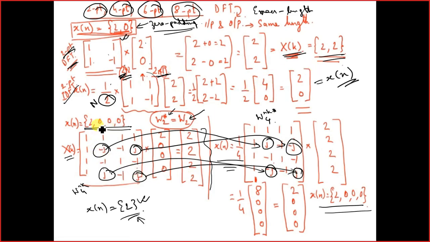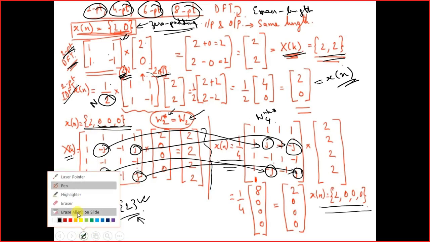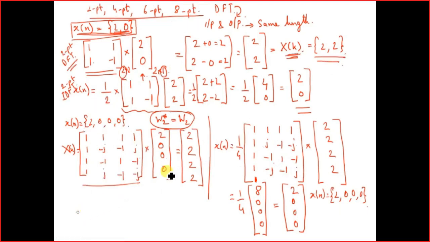Now over here, one of the important things you need to understand is that while converting it to this 4-point DFT, what we have done is basically we have increased the signal length. So you are getting a whole lot of points. For the same signal, at the initial stage you are getting 2 points when you are doing the 2-point DFT, and when you are doing the 4-point DFT you are getting 4 points.